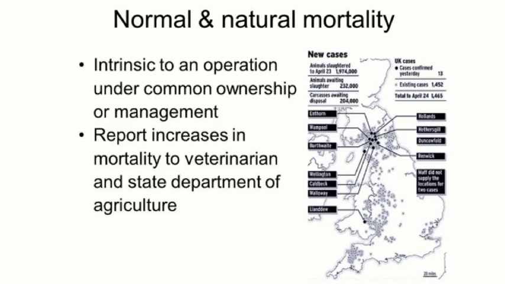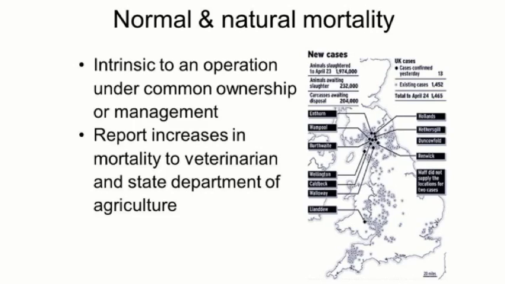That means that farms can be a group of several sites, farm sites, but all the animals are under common management or ownership. Therefore, the mortality on these various sites can be managed in a single system. That's important to note, that all farm sites do not have to have their own mortality management system. They may if the farmer so chooses, but they do not have to by law.